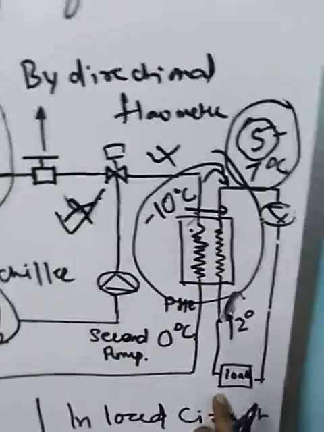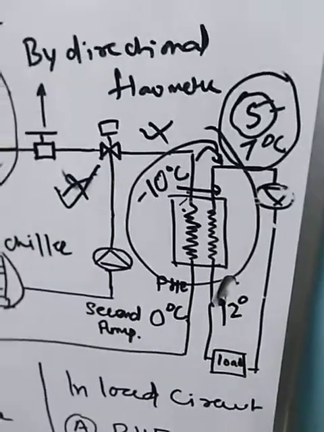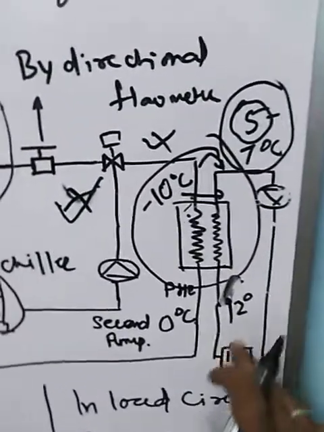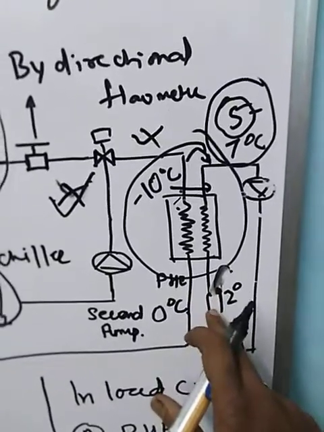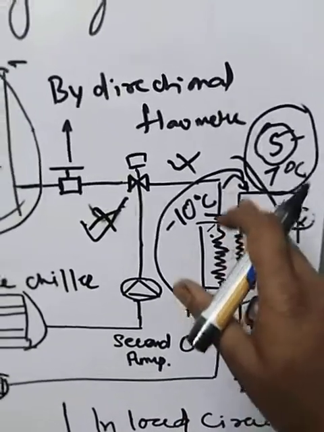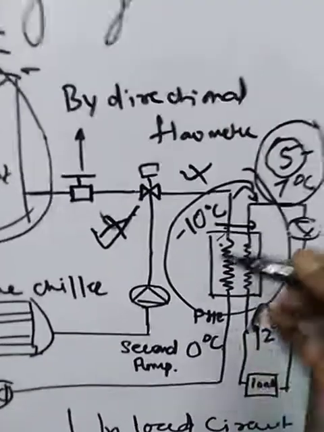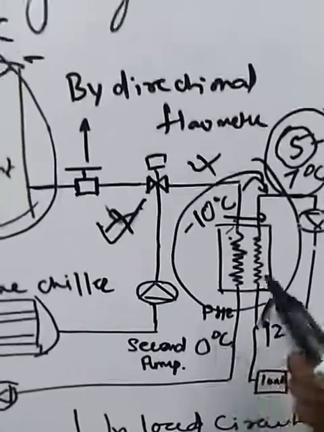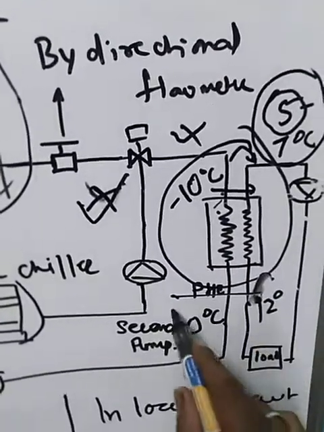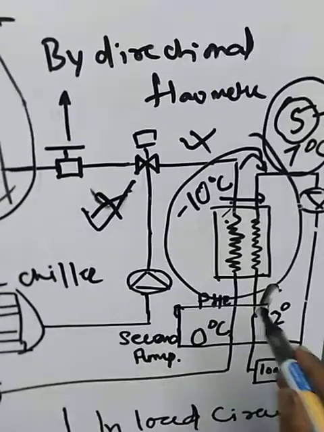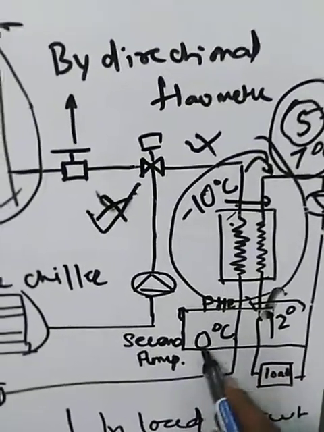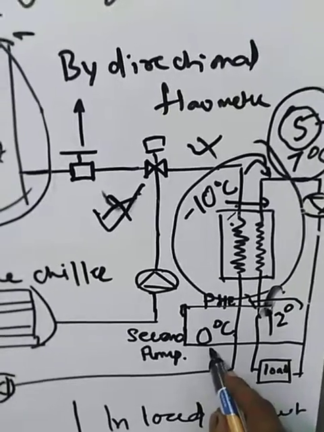This will be supplied to the load, where again the heat transfer will take place, and the temperature of the water becomes 12 degrees centigrade. Again it enters the PHE, where the brine temperature is 0 degrees centigrade. You need to understand these two terms. When the brine is exiting the PHE, the temperature is 0 degrees centigrade.